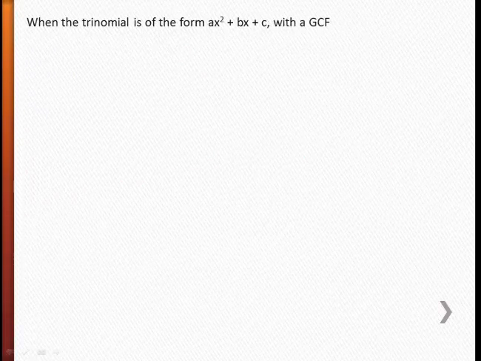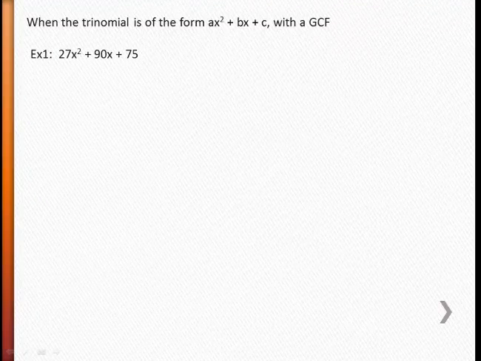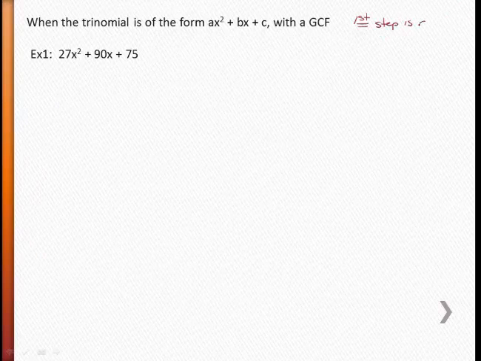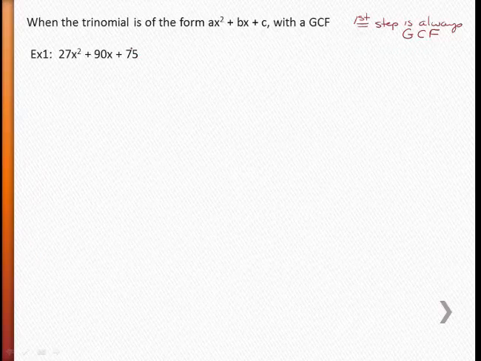Okay, sometimes when we look at things, they're not exactly perfect squares yet, but always, first step, anytime you want to factor, our first step is always to look for a GCF. I have a 27, a 90, and a 75. These are not perfect squares, but these all divide by 3.